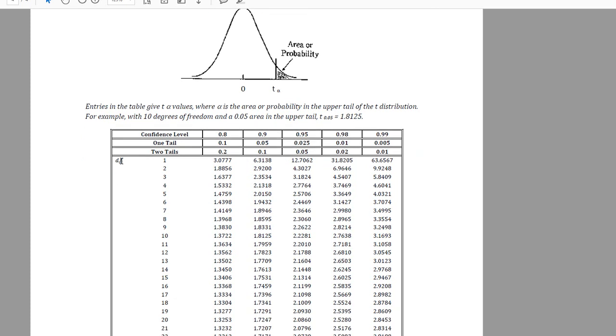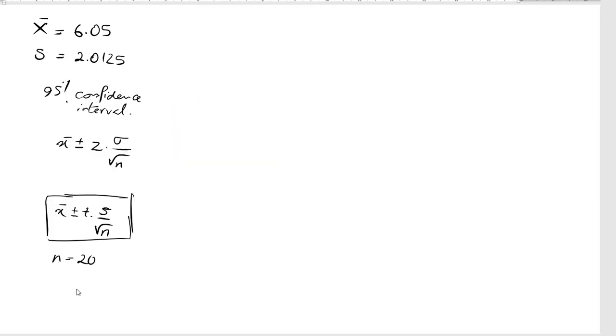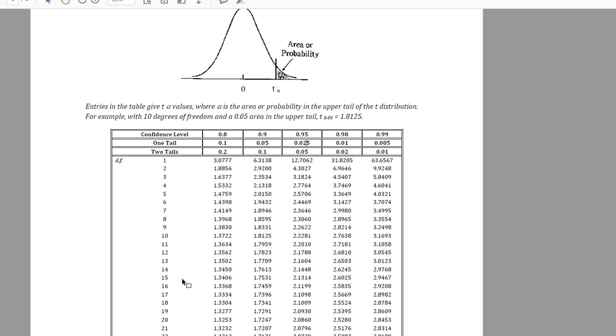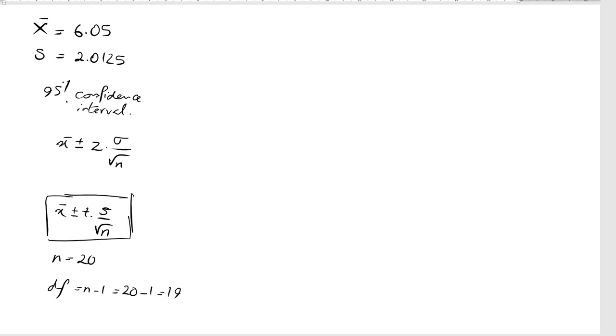The other information I need is degrees of freedom. What is degrees of freedom? df is n minus 1, which is 20 minus 1, which is 19. So I have degrees of freedom 19, so on this column I find the value corresponding to 19. So t is 2.093.